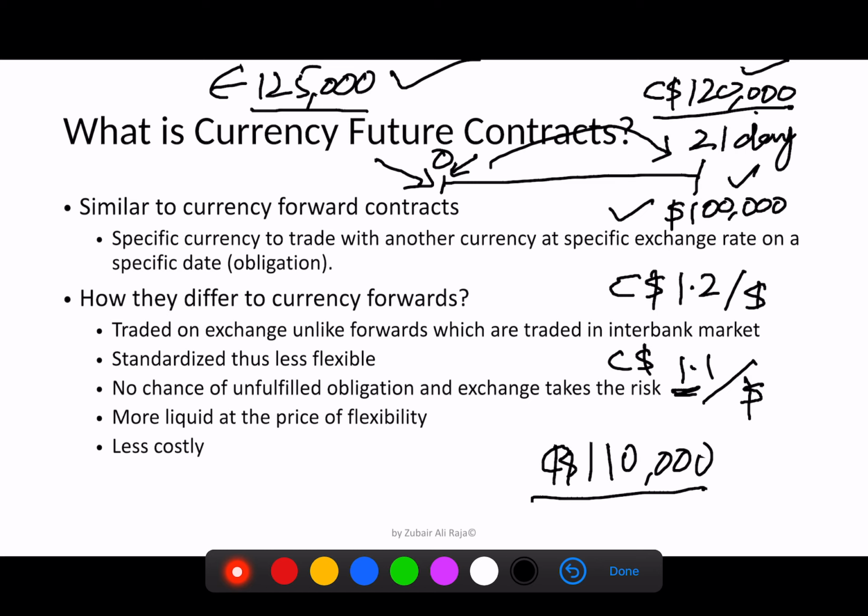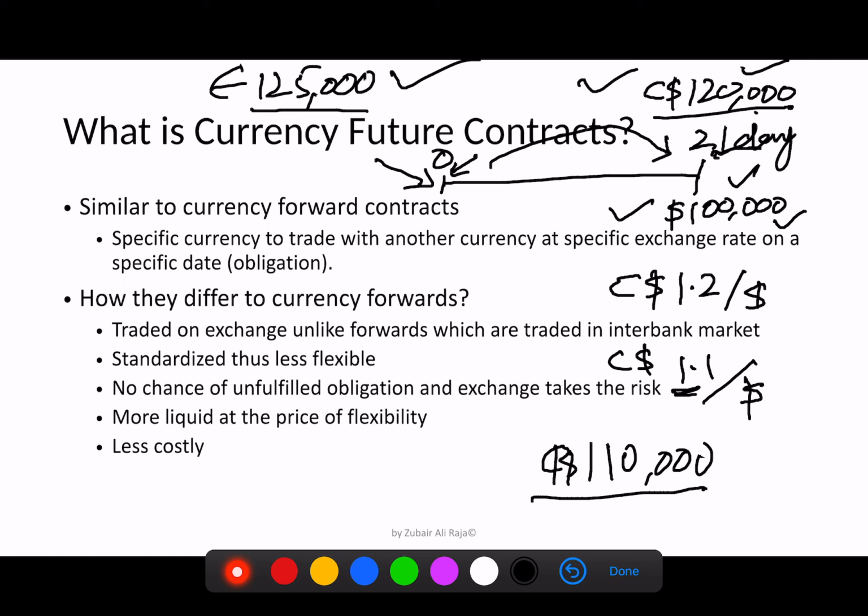In the case of a forward, we know that there is a counterparty risk. Say on the specific date, continuing with the same example of 21 days, on the 21st day you still have 100,000 US dollars, but your counterparty who was supposed to pay you 120,000 Canadian dollars simply does not have 120,000 Canadian dollars for some reason.